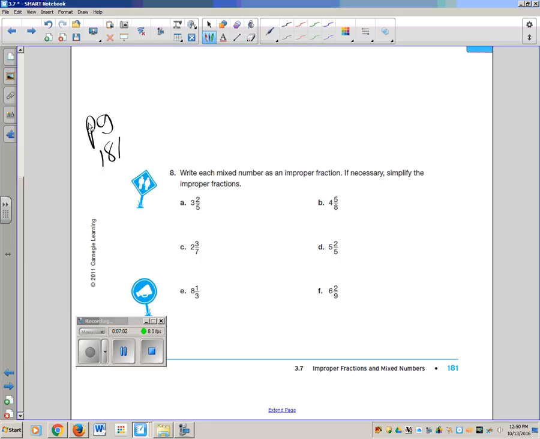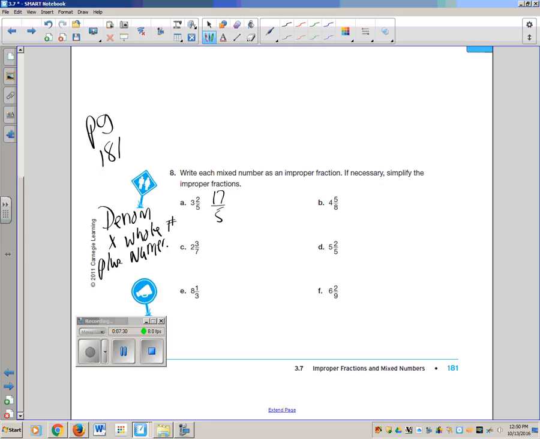Now we're going to write each mixed number as an improper fraction. Denominator times the whole number, plus numerator. Just a reminder. So for A, 5 times 3 is 15, plus 2 is 17, 17/5.